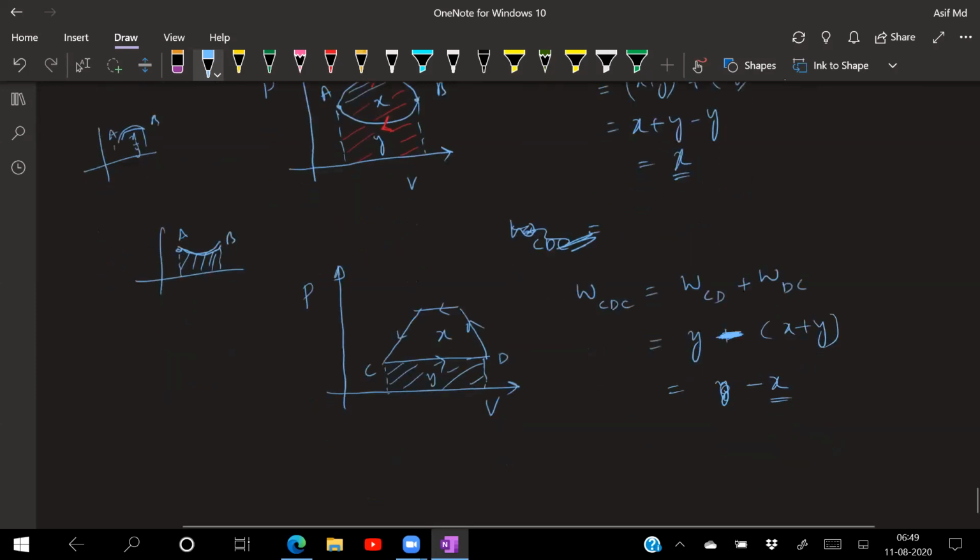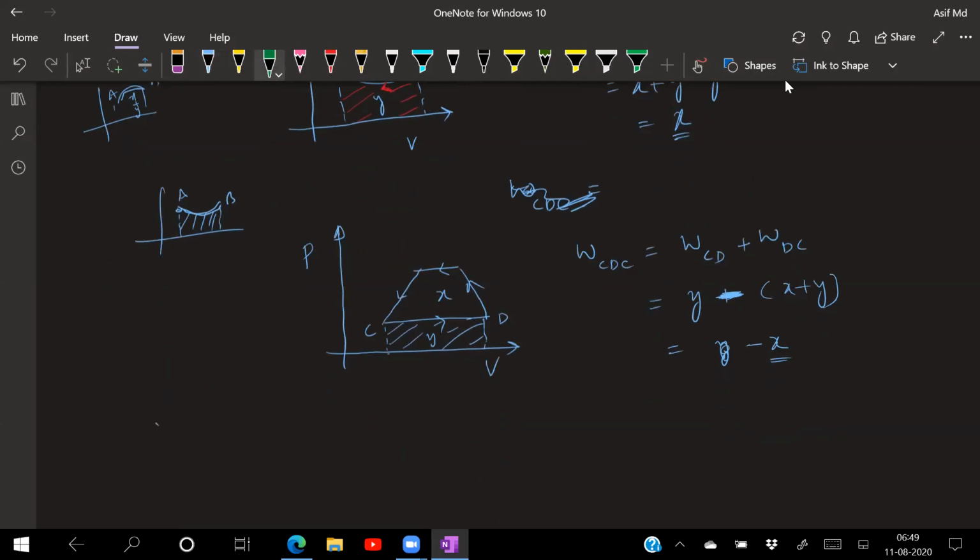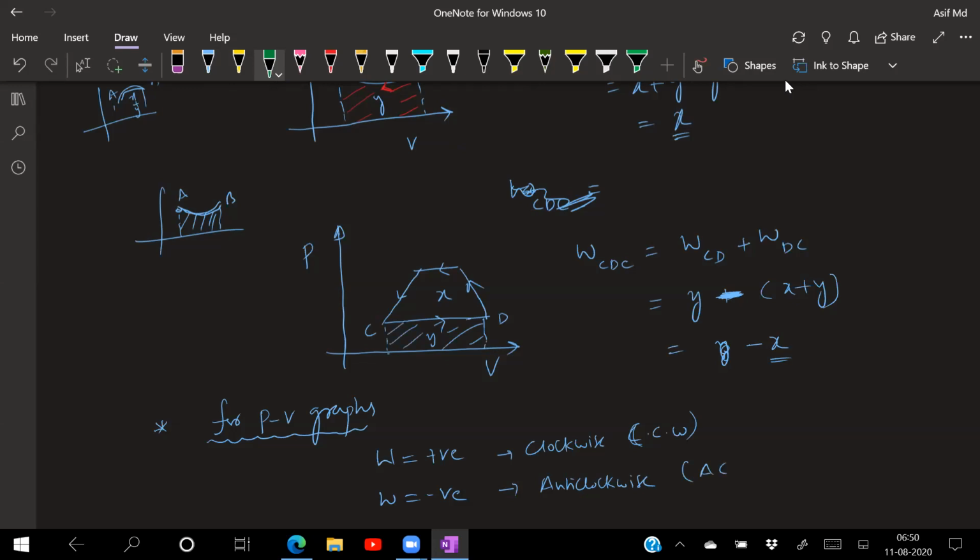Now we'll keep one point in mind. For a PV graph, work done is positive in the clockwise direction, and work done is negative in the anti-clockwise direction.